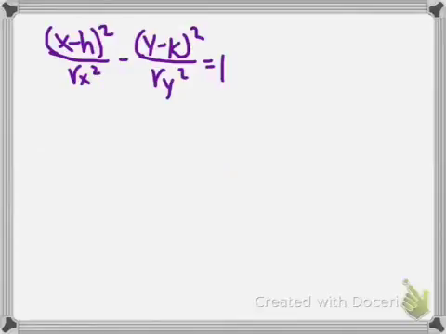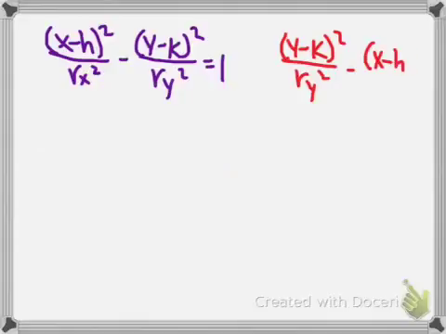If it's subtraction, it's a hyperbola. It's horizontal because the x minus h in parentheses squared fraction is positive, and it would be a vertical hyperbola if the y minus k in parentheses squared fraction is positive.